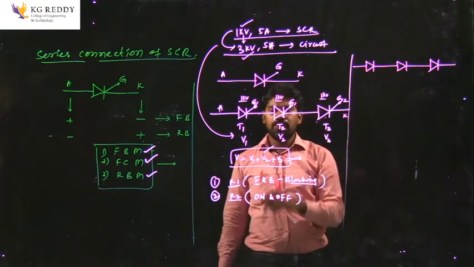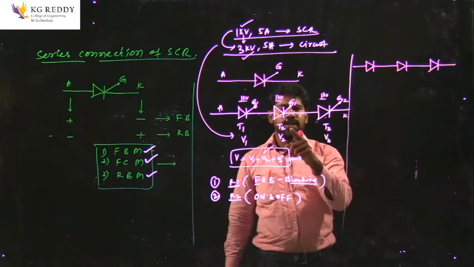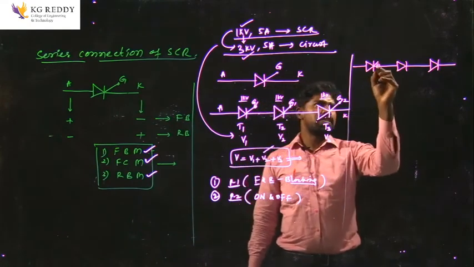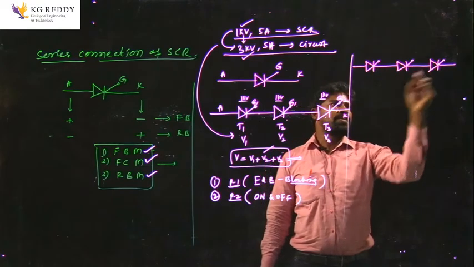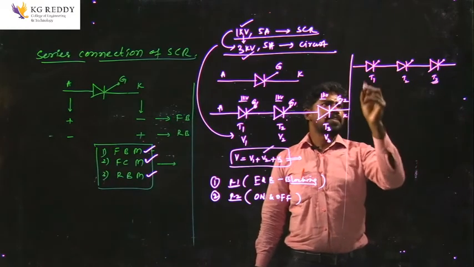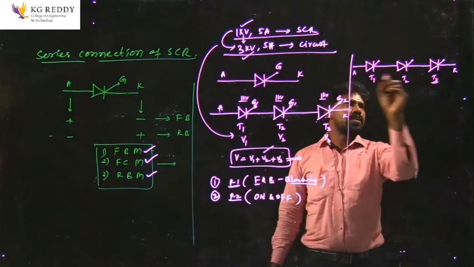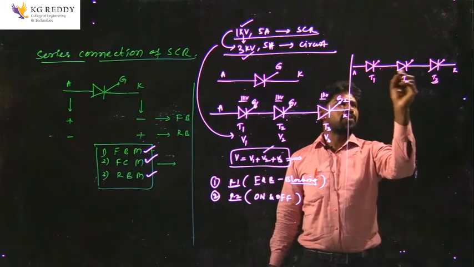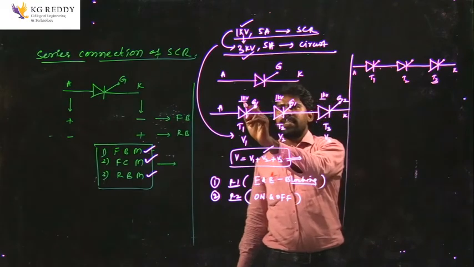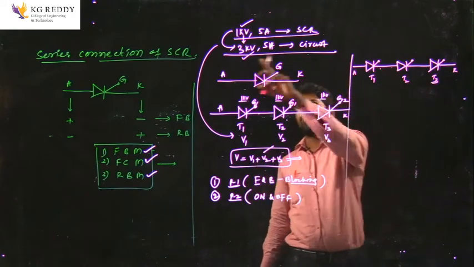Here are thyristors 1, 2, 3 connected in series, anode to cathode, anode to cathode. We increase the voltage rating like this: 1 kilovolt, 1 kilovolt, 1 kilovolt, finally getting 3 kilovolts, which equals our circuit voltage.